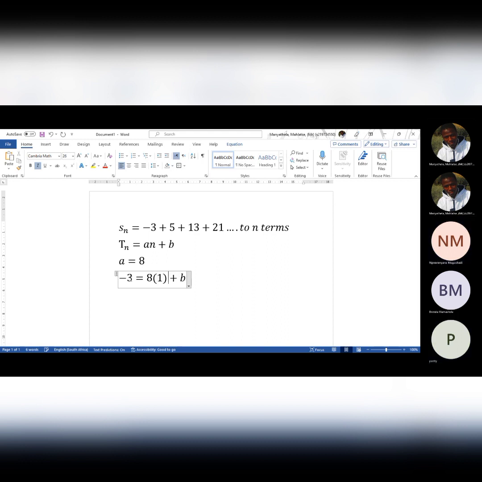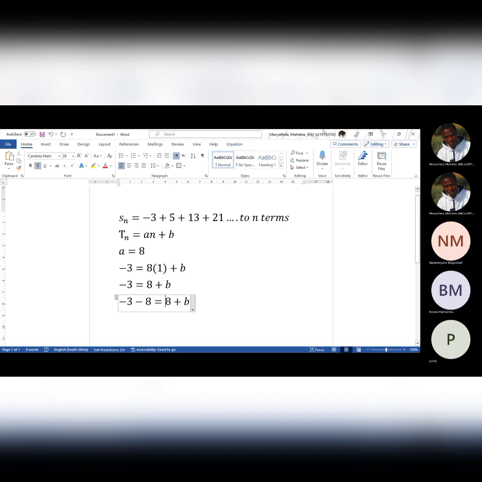So -3 equals 8 plus B. Move the 8 across: -11. So B equals -11.